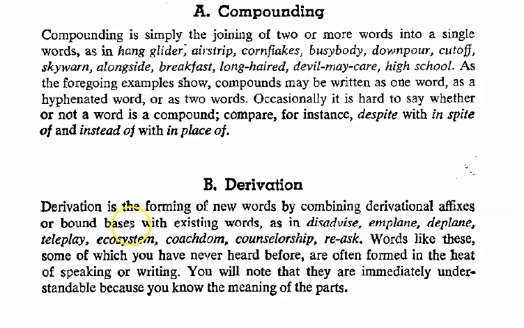So derivation basically is to form new words using derivational affixes. So we use bound morphemes plus free morphemes to derive new words. We can derive nouns from verbs, from adjectives, from adverbs, etc. So derivation is to form new words by derivational affixes.